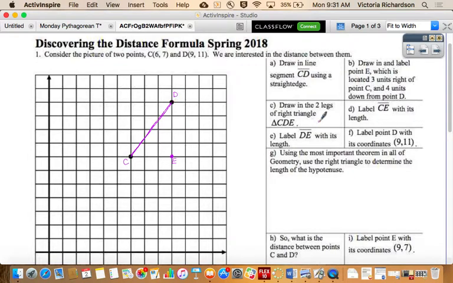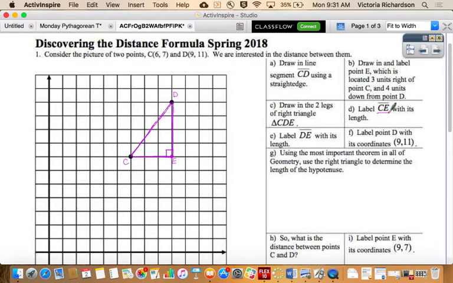Then C says, draw in the 2 legs of right triangle CDE. So I'm going to do that now. So here's one leg, and here's the other. So now I have a right triangle. And on part D, it says label line segment CE with its length.